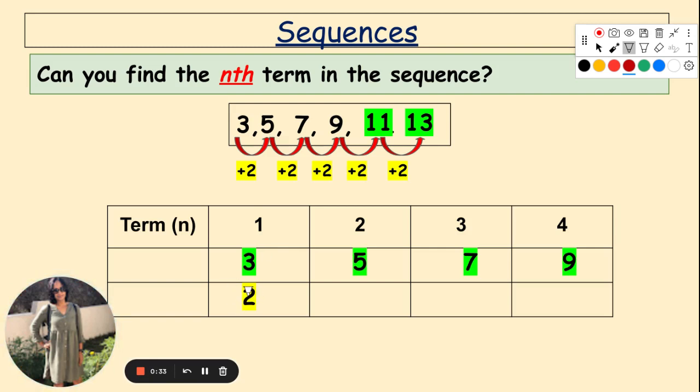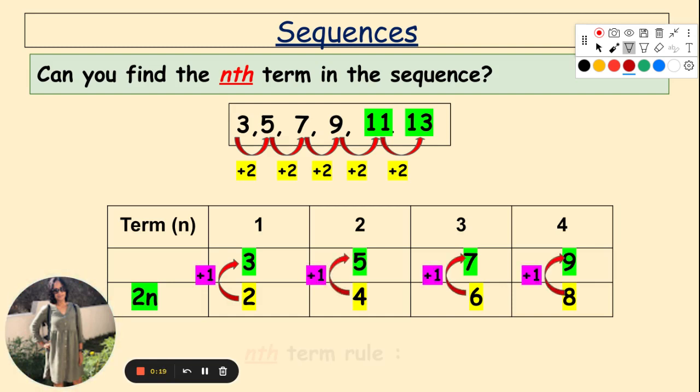So 2 times 1 in this place, 2 times 2, 2 times 3, and 2 times 4. Then we go ahead and find the relation between them. So 2 to 3, you can see they're all adding 1, and my nth term rule will be 2n plus 1. This is how you find the nth term rule for a linear sequence.